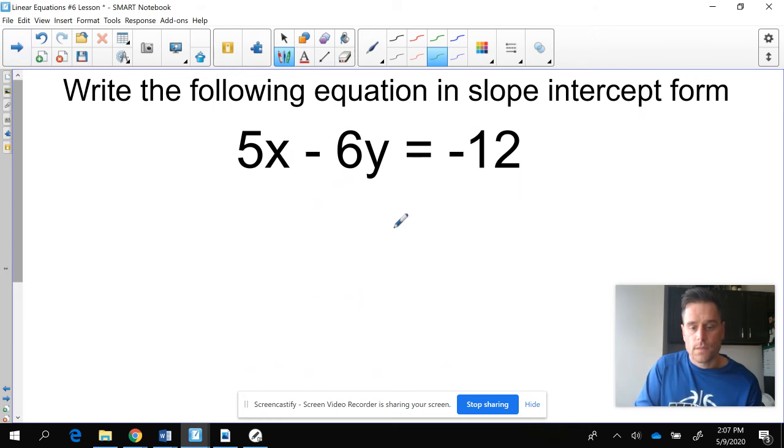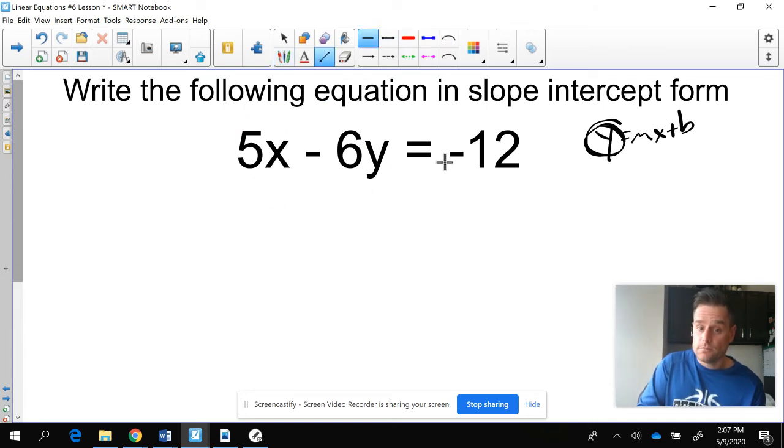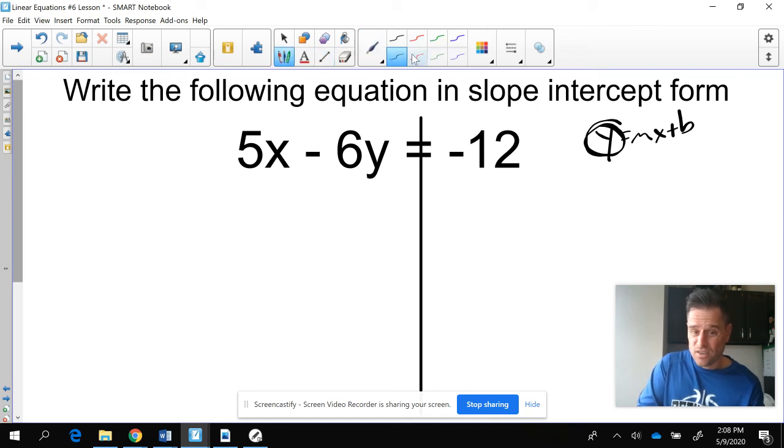Next one. Pause it again. See if you can do it. It says write the following equation in slope-intercept form. So remember, we want to get this into y equals mx plus b. And we have to get y by itself. Y is not by itself right here. So we have to move things that are in the way of y.